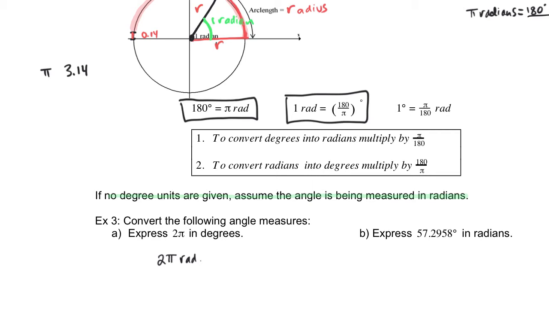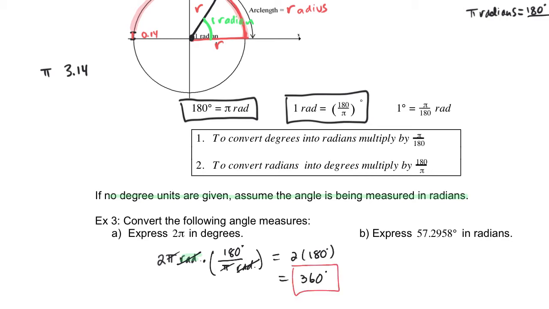We want to get rid of radians. 180 degrees is the same thing as pi radians, so you just multiply by the unit fraction there. My radians cancel out, my pi's cancel out. So this is 2 times 180 degrees, which is 360 degrees.